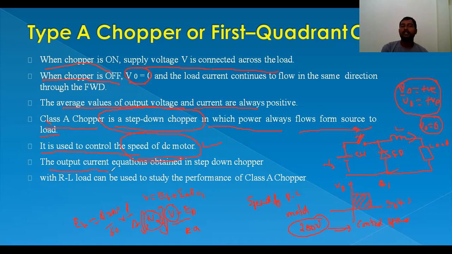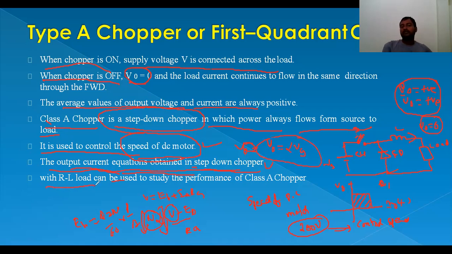And the output current equation is obtained in the step down chopper, where the output current is obtained in the continuous mode. The output voltage equation is V output equal to alpha into Vs. Similarly, the output current also.